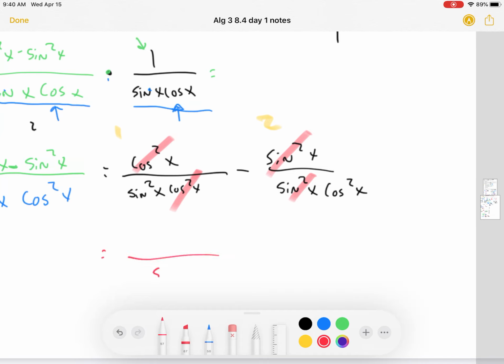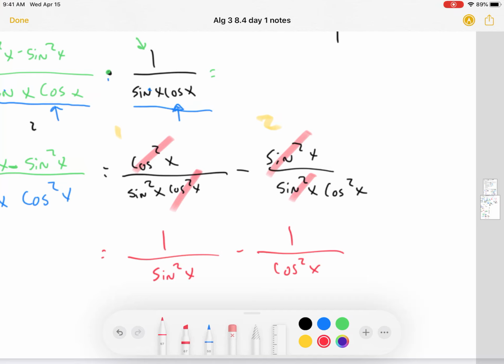Okay, what is left? Well, this side I have a sine squared x minus this side I have a cosine squared x. So what's left on top? Remember, it doesn't just cancel out and go away. There's a 1 left on top here, 1 left on top there. Now, one more easy step and then we're finished.